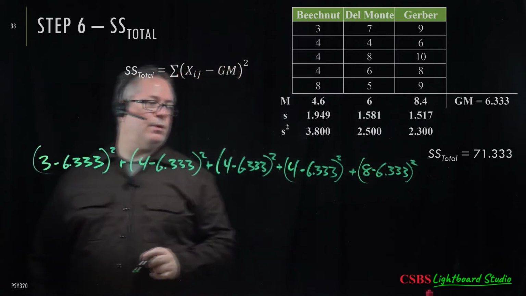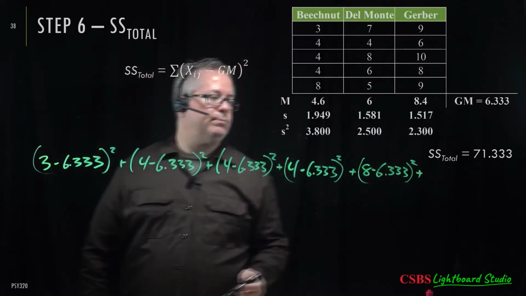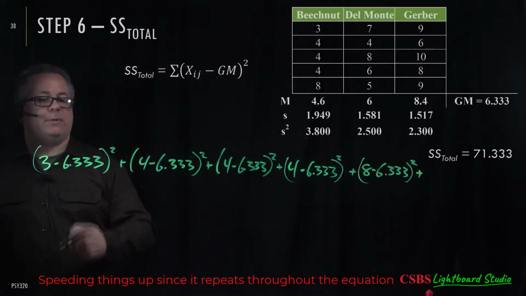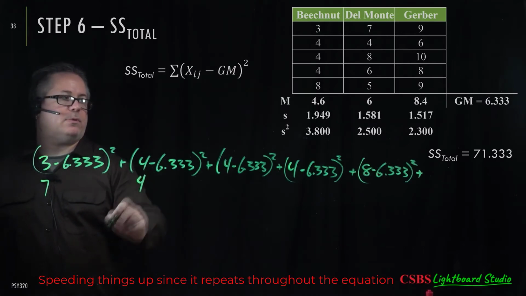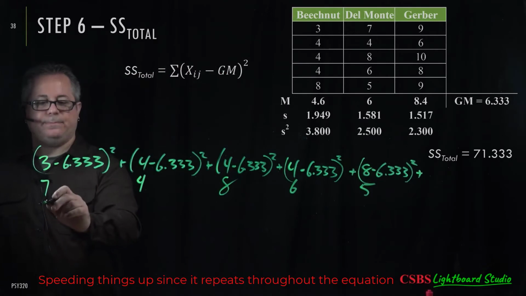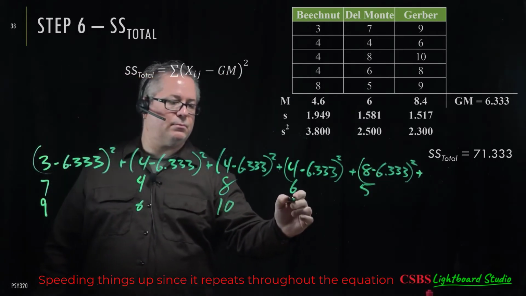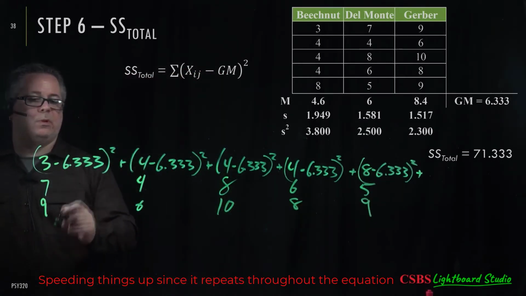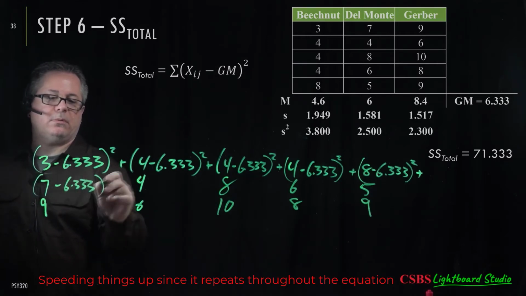Okay, I'm going to keep going. The next one. So now I have 7, 4, 8, 6, 5, 9, 6, 10, 8, 9. All minus 6.333 squared.